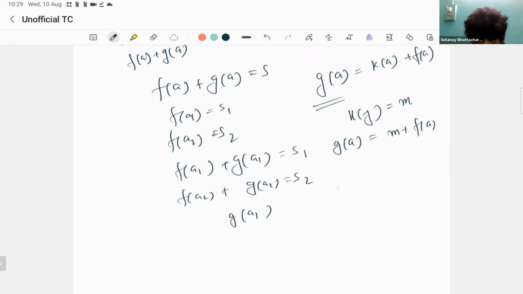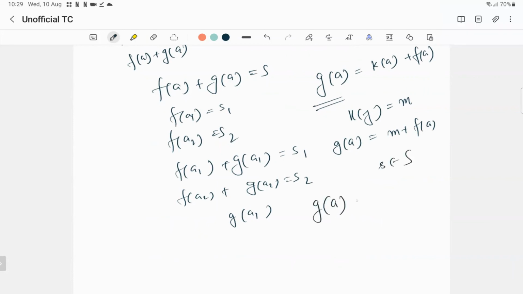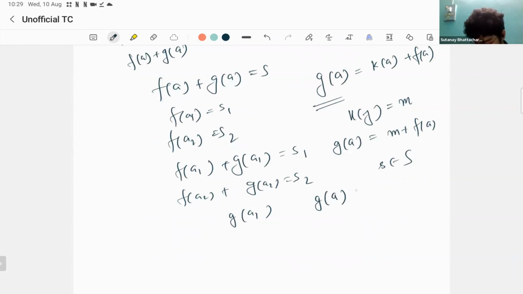We can choose such A. I don't understand. We can find some A such that G of A.